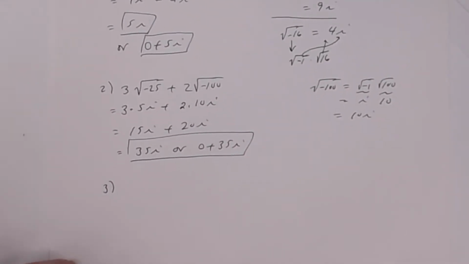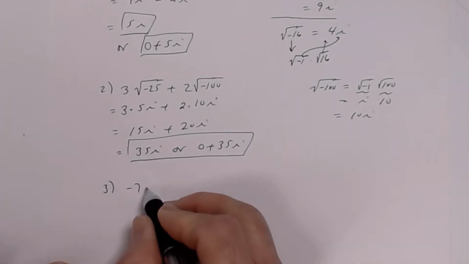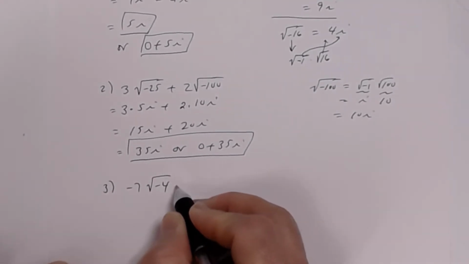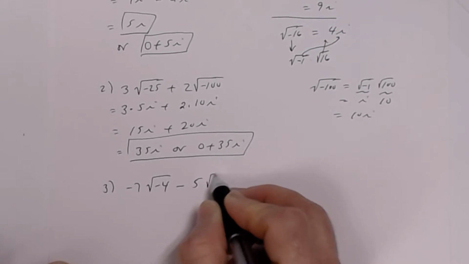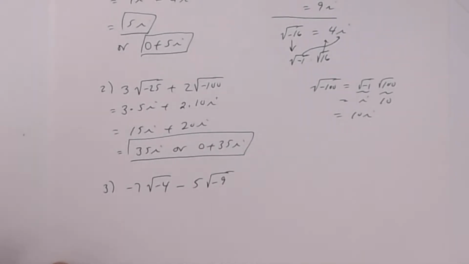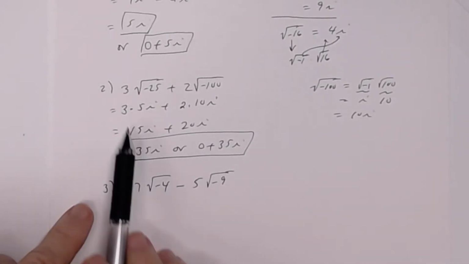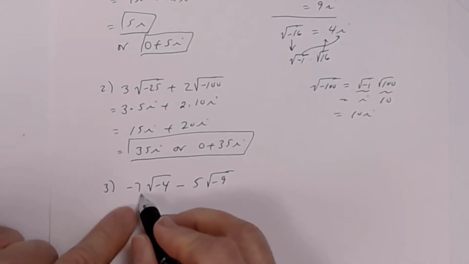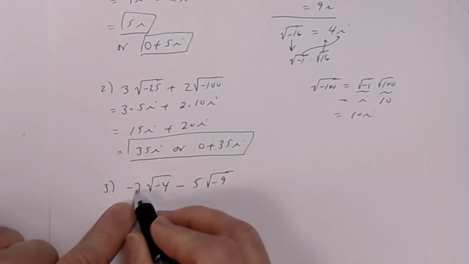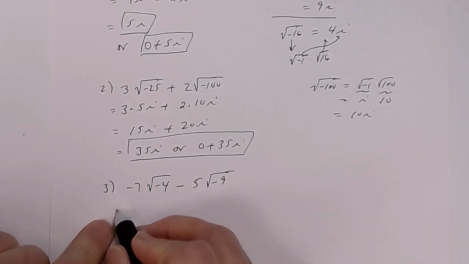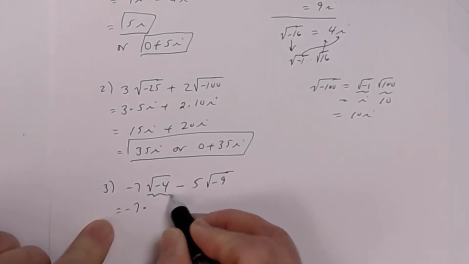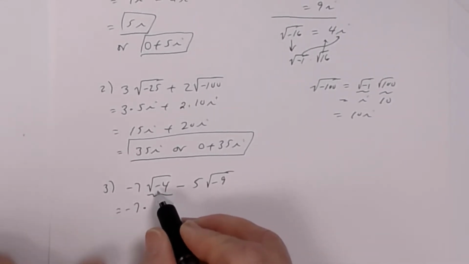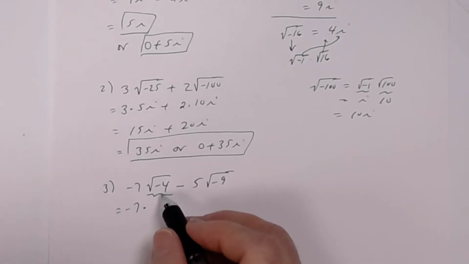Okay, number 3, we have negative 7 times the square root of a negative 4 minus 5 times the square root of a negative 9. All right, so same thing we did here. So you're going to look at this as 2 separate factors. So you're going to say this can be negative 7 times, and then over here, be a little bit careful. This is not the square root of 4, because the square root of 4 is 2.